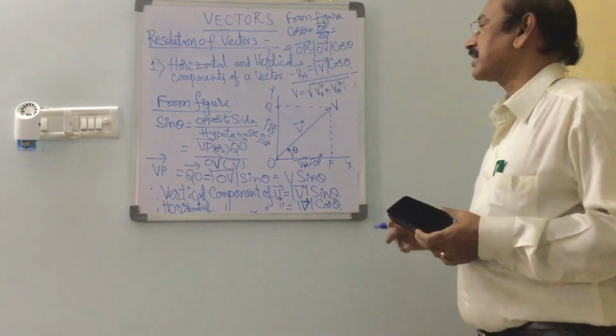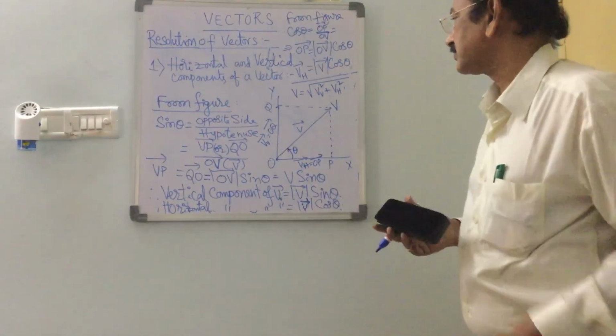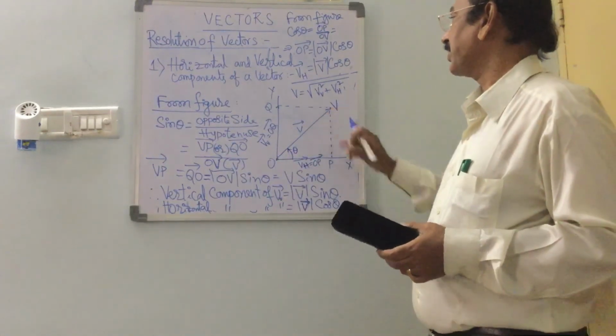Then we get the magnitude of the velocity vector, this OV bar magnitude.